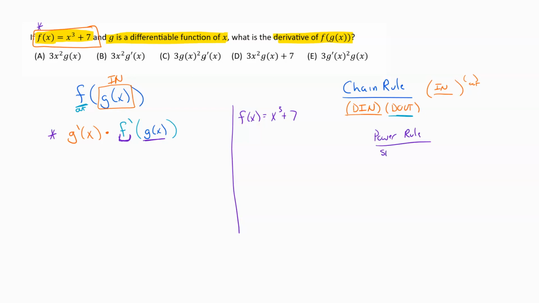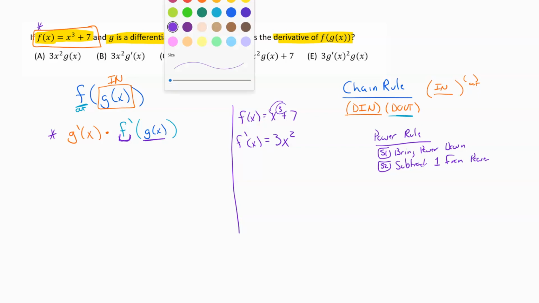We're going to do our classic bring the power down. And then step 2 of the process, we subtract 1 from the power. So following that power rule, we bring the 3 down. We end up with f prime of x equals 3x squared.